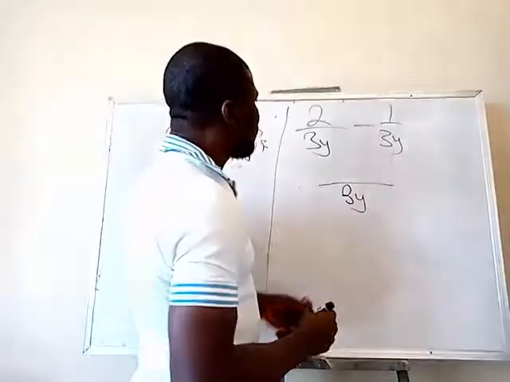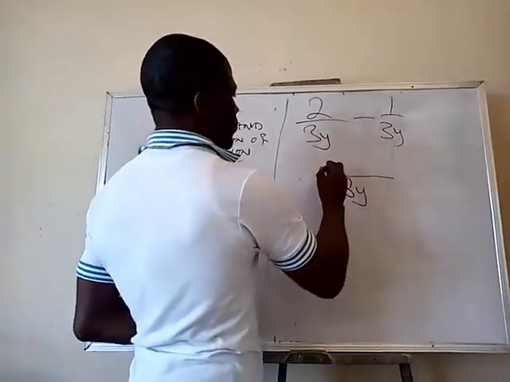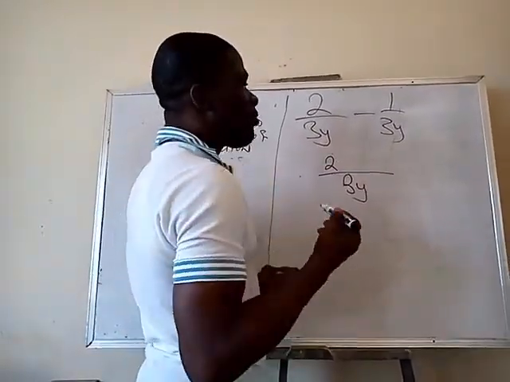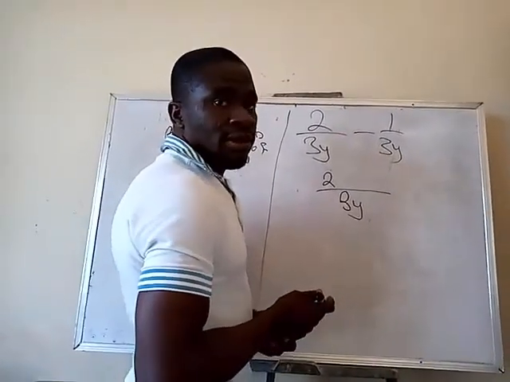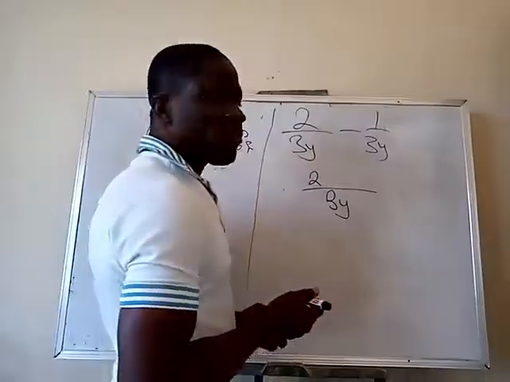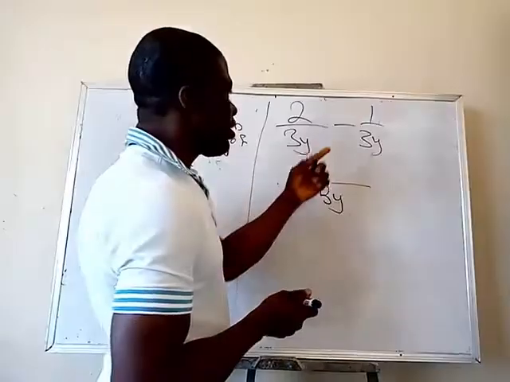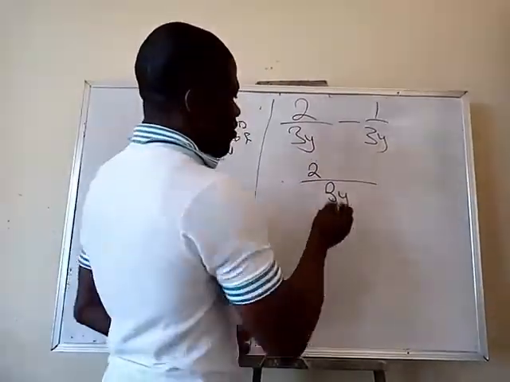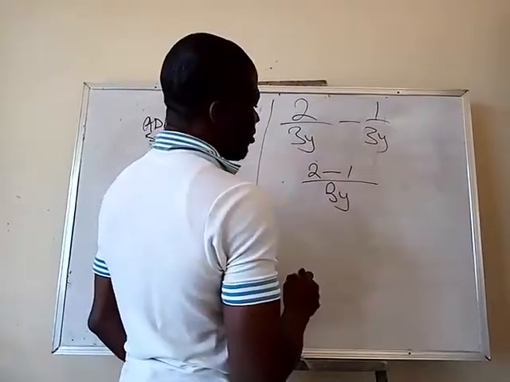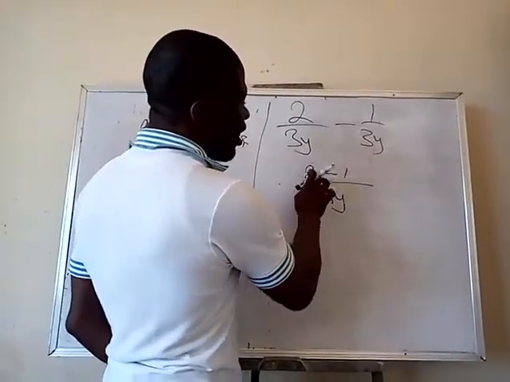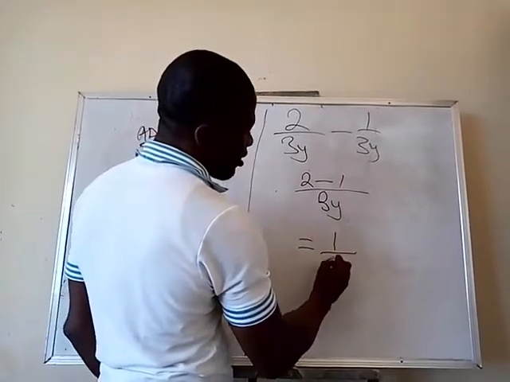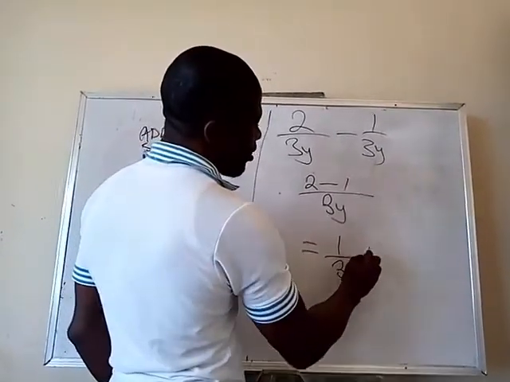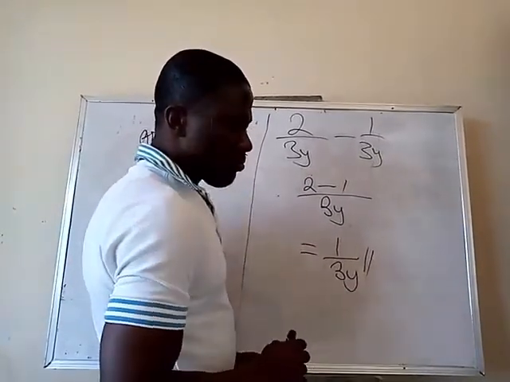Then you subtract or add depending on the sign. What we are doing now is subtraction. 2 minus 1 will give me 1 over 3y. That is all.